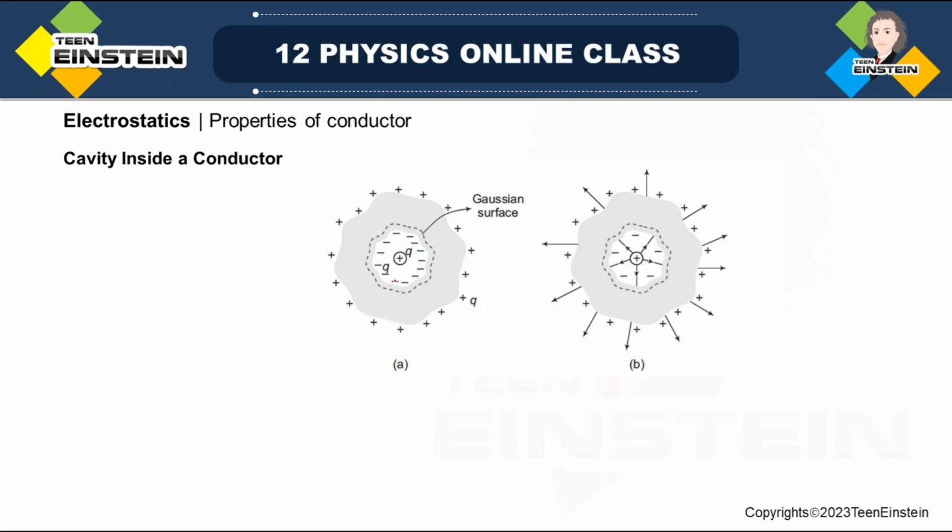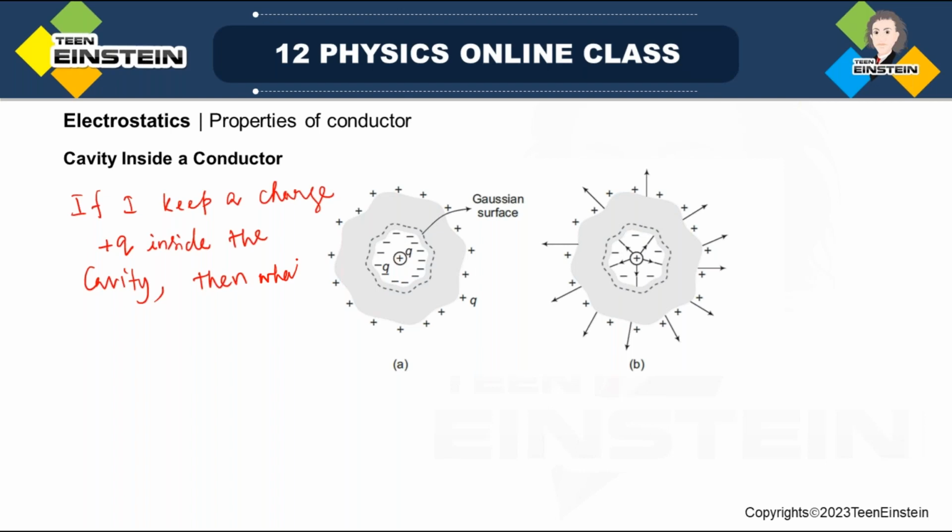If there is a cavity inside the conductor, and I keep a charge plus Q inside the cavity, then what will be the electric field inside the cavity?